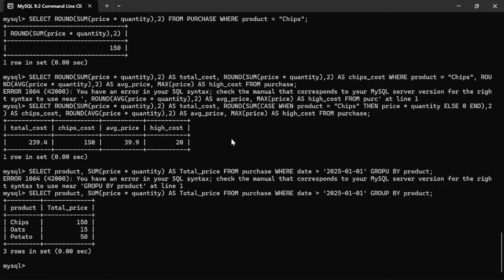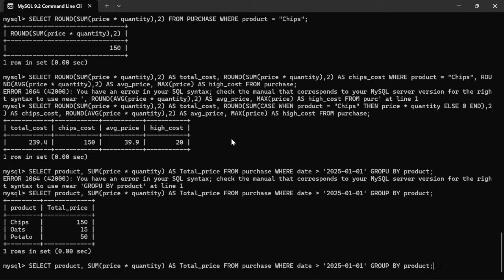So select product. First of all, I have to select the product and also price. Okay, so I have created here another attribute, that is total price. Purchase where date is greater than or equal to 1.